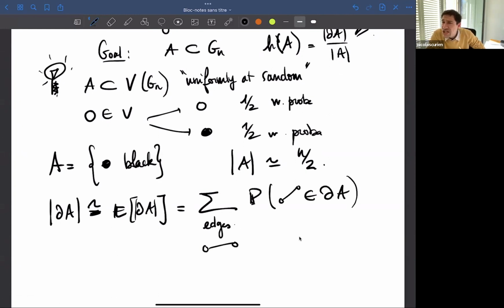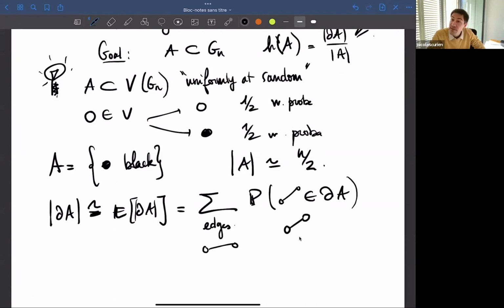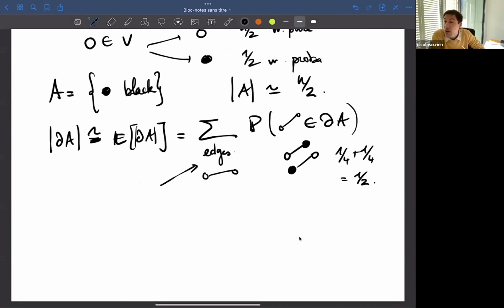What does it mean for an edge to be in the boundary of A? You must have one foot black and one foot white, so the edge must be bichromatic. What is the probability for one edge to be bichromatic? It's 1/4 plus 1/4, it's a half. And how many edges do you have in your graph? You have n vertices, and every vertex has degree d.